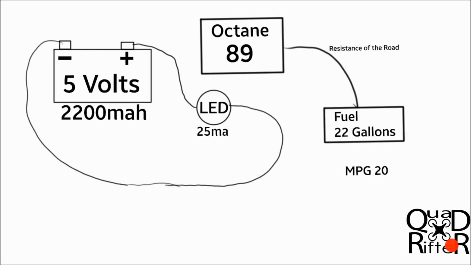Having said that, 95% of everything in your house uses direct current: LED televisions, computers, your phone, cameras, everything. There are very few appliances that actually run off of alternating current.